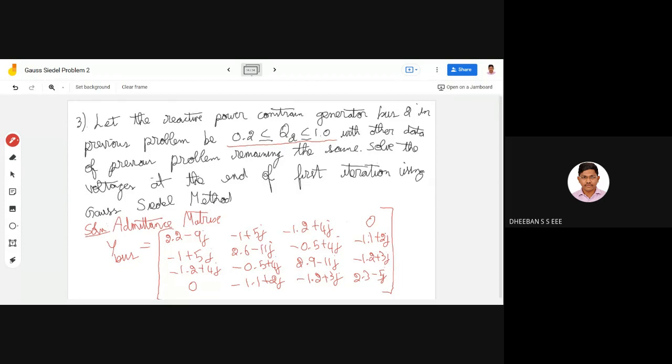The slight variation is that they have varied your Q limit. In the last problem, I think they gave around 0.1 to 1.0, and now they are giving 0.2 to 1.0.